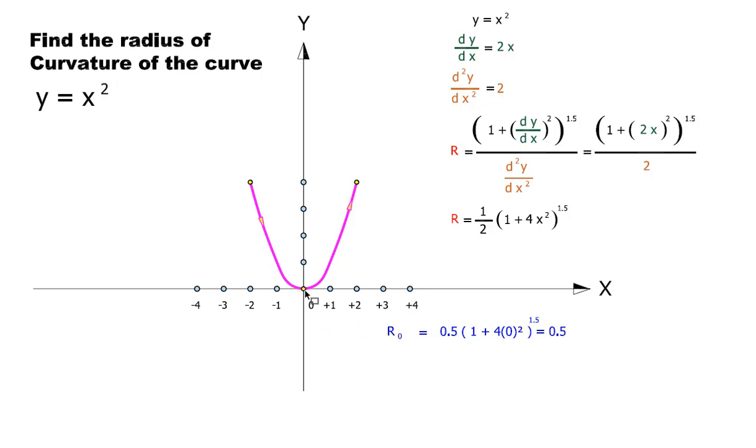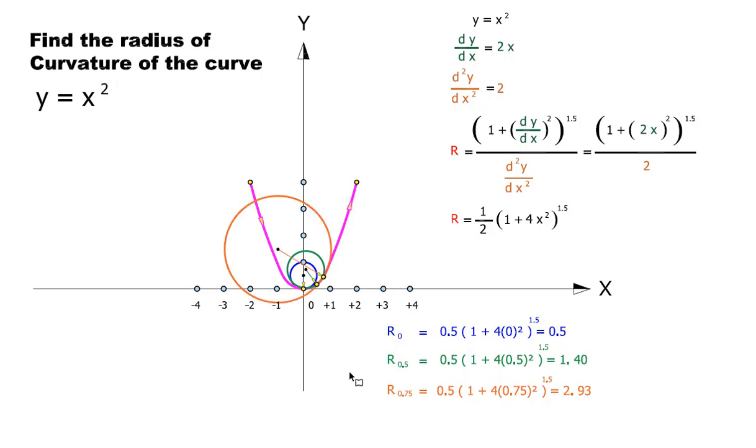So we draw the radius and the circle of curvature here, and we do that again for x equal to 0.5. So at this point we have radius 1.4 perpendicular to the tangent at this point, and this is the radius of curvature. We do that at point x equal 0.75, and we draw the corresponding circle of curvature.